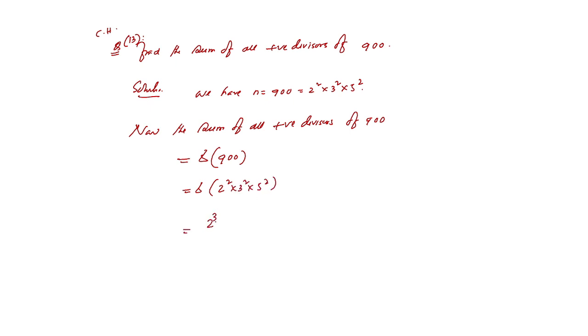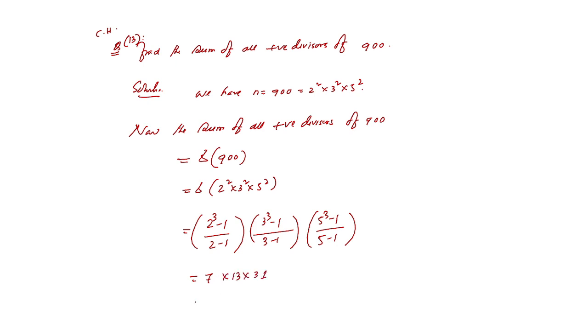So that will be (2 cube minus 1) by (2 minus 1), (3 cube minus 1), 2 plus 1, that means 3, so by (3 minus 1), 5 to the power 2 plus 1, so (5 cube minus 1) by (5 minus 1). You will simplify it, you will see this will be 7 multiplied by 13 multiplied by 31. So this number will be 2821.